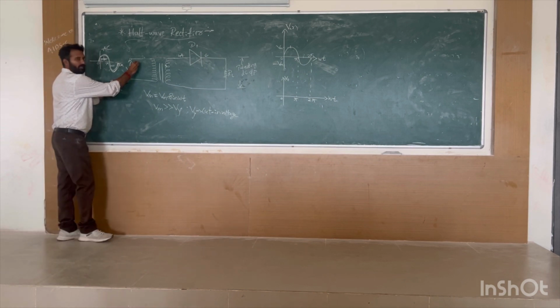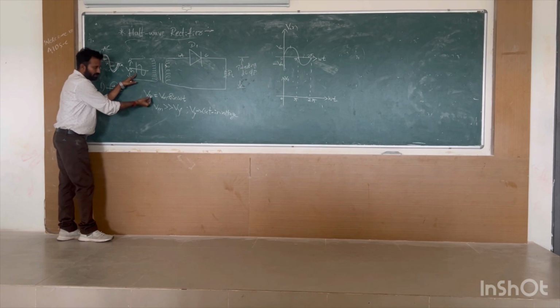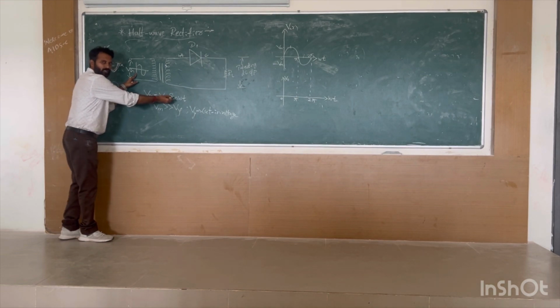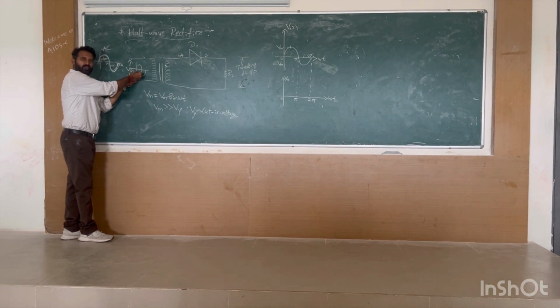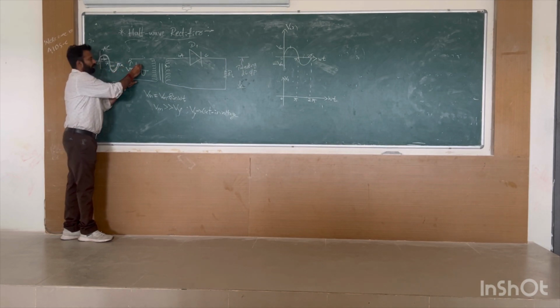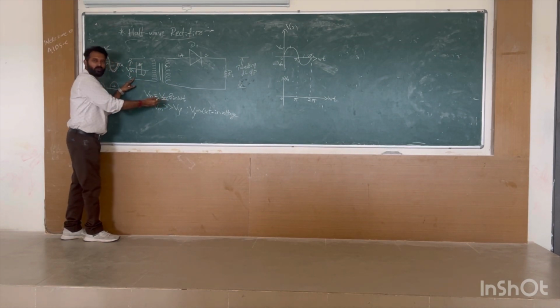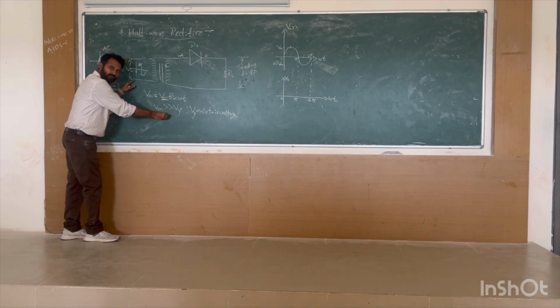Now here I am applying my input. V input is equal to Vm sin omega t. That is a sinusoidal waveform. Vm means maximum voltage, the peak voltage. Minus Vm means negative peak voltage. That will always be far greater than the cut-in voltage.